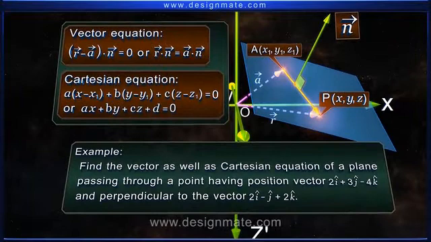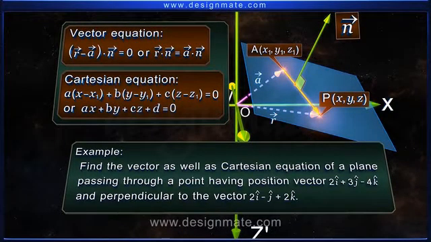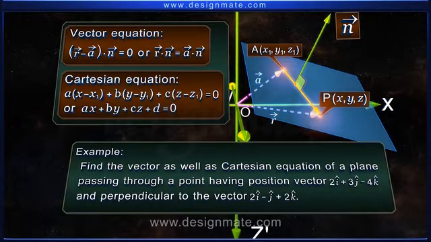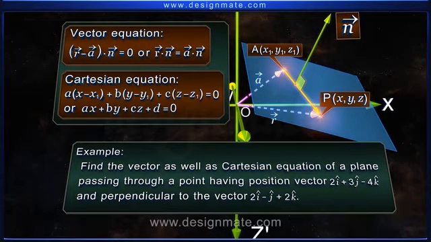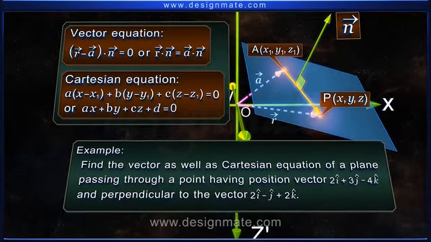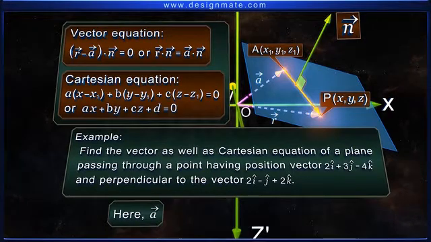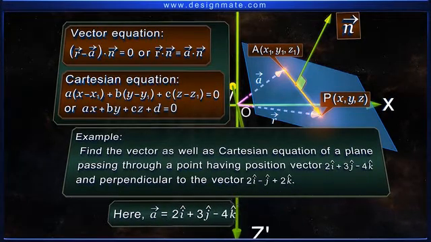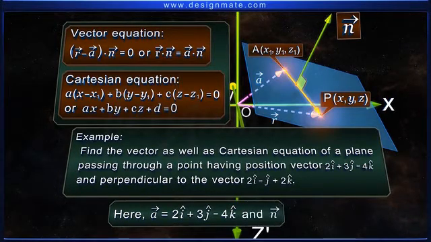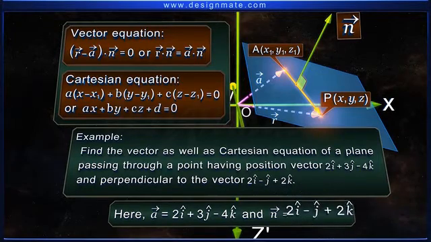Now, let us find the vector as well as the Cartesian equation of a plane passing through a point having position vector 2i cap plus 3j cap minus 4k cap and perpendicular to the vector 2i cap minus j cap plus 2k cap. Here, vector A is equal to 2i cap plus 3j cap minus 4k cap, and vector n is equal to 2i cap minus j cap plus 2k cap.